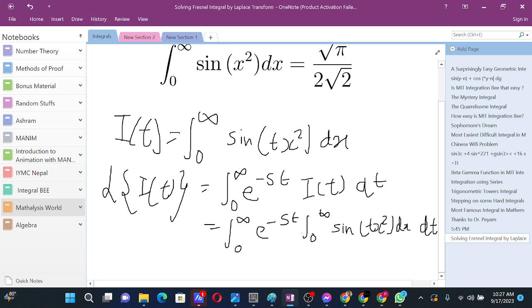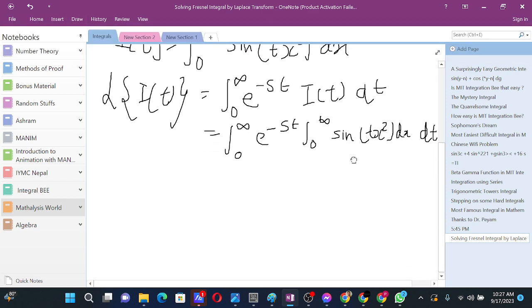Since this inner integral is in terms of x, e to the power minus st is just a constant. So we can take the constant out or take it in, that doesn't matter. Because this integral is in terms of x, this is a constant, and we are going to bring it inside the integral.